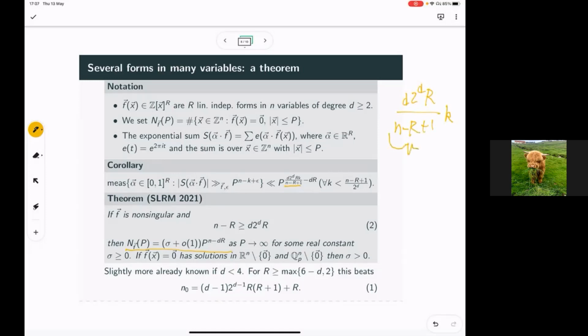And it's this part here that multiplies k. We need this to be less than 1 in order to apply our super level set lemma A that we had before. And this turns out to be exactly this condition that we saw in the theorem before. Okay. So that's how to use p-adic repulsion to improve on Birch's theorem.